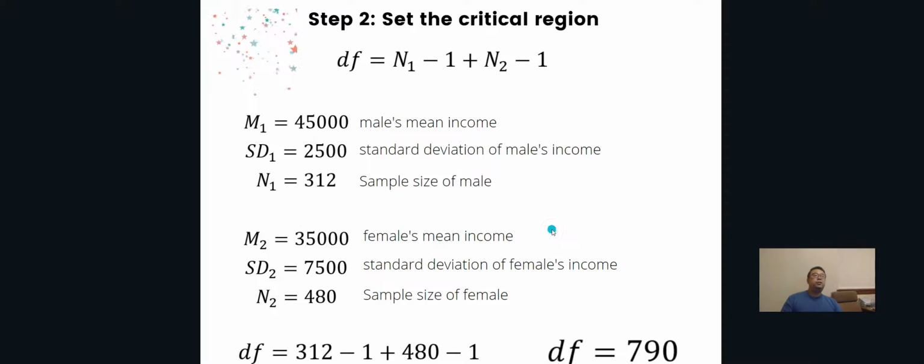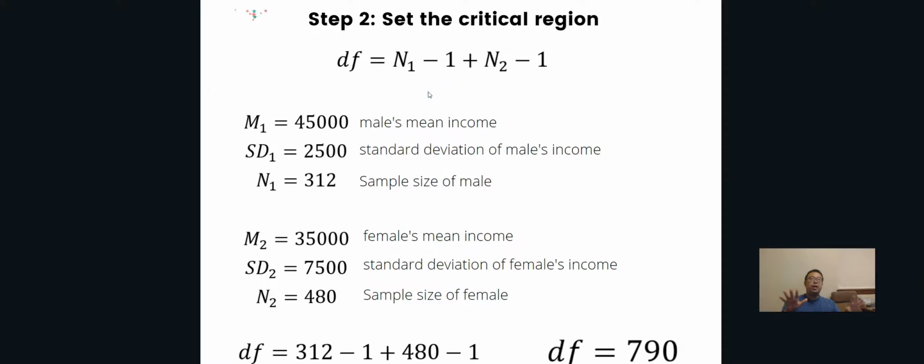And setting up the critical region. This is a little bit different here, because there is the degrees of freedom of the two groups. Back in the one-sample t-test, we just used n minus 1, the total sample size minus 1.